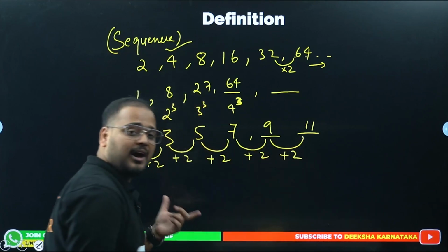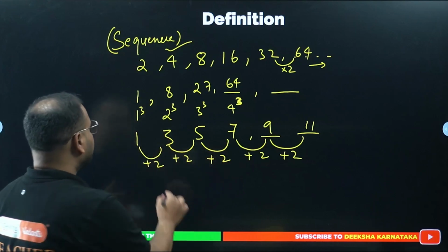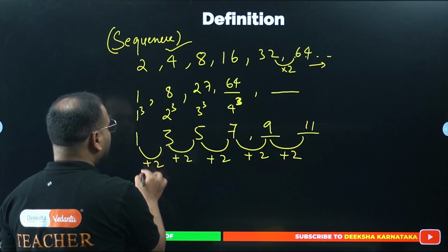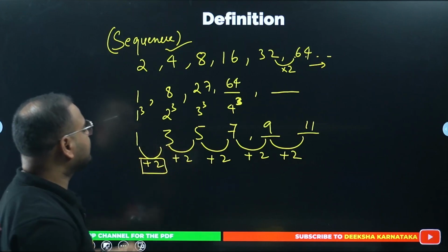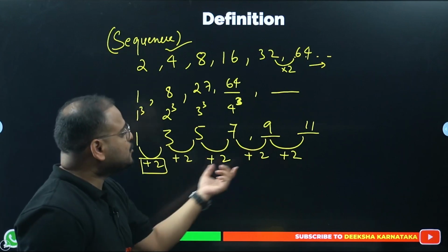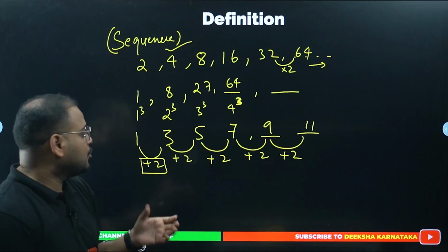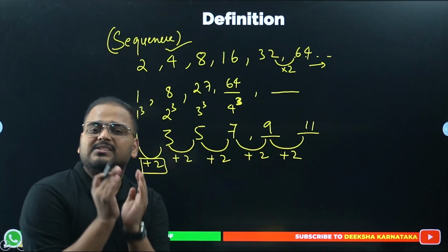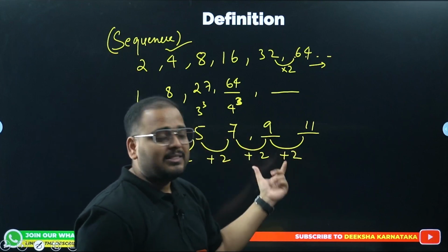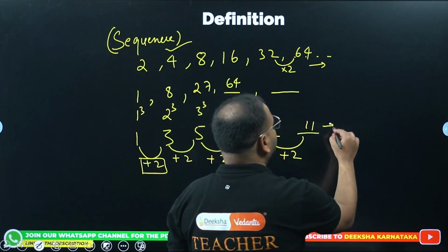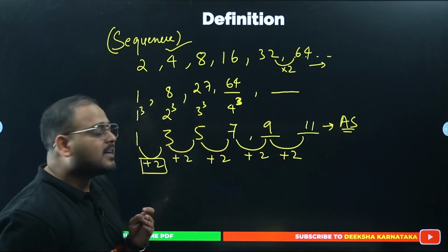So whenever the increase in the number is constant, meaning the difference between two numbers is always constant, this is 2. 3 minus 1 is 2, 5 minus 3 is 2, 7 minus 5 is 2, and so on. 9 minus 7 is also 2, 11 minus 9 is also 2. So whenever you have this constant difference between the numbers, that type of sequence will be called an arithmetic sequence.